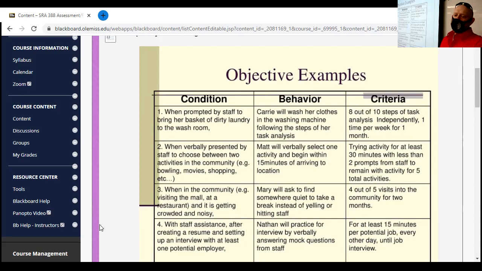So what would be a goal that would go along with that objective? Mary will work on self-control, will improve her impulses, will find more appropriate ways to deal with stress, something like that.